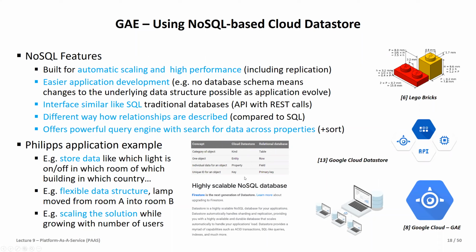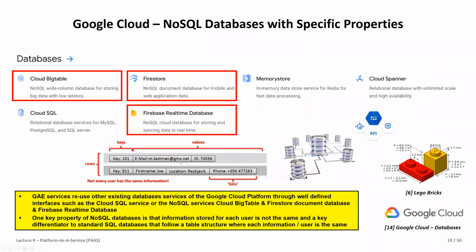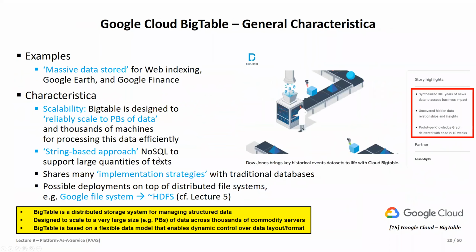So in a sense, it's really optimized for APIs and heavy reading, but the best way to understand and differentiate is that they have specific properties, and one of them is that not all of them have the same data. A typical relational database would always have all information for everyone, but a key value store, as shown here, essentially has just a couple of fields for certain elements.